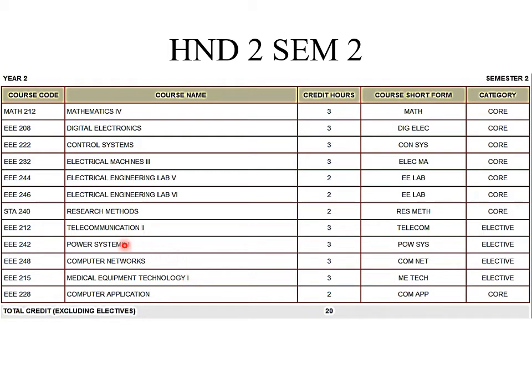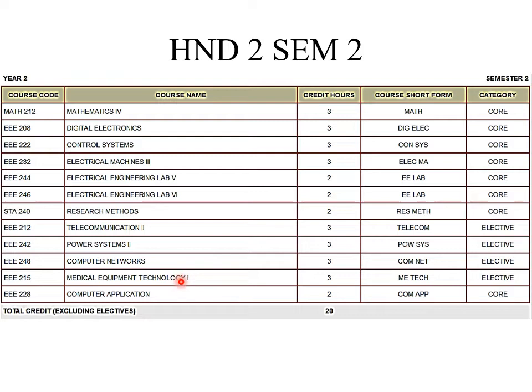And if you are interested in choosing Power Systems 2, you have to choose Power Systems 2, and that means you should leave Telecommunication 2, Computer Networks, Medical Equipment Technology. And if your interest is in computer engineering, then you are supposed to choose Computer Networks and you should not choose Telecommunication 2, Power Systems 2, Medical Equipment Technology.